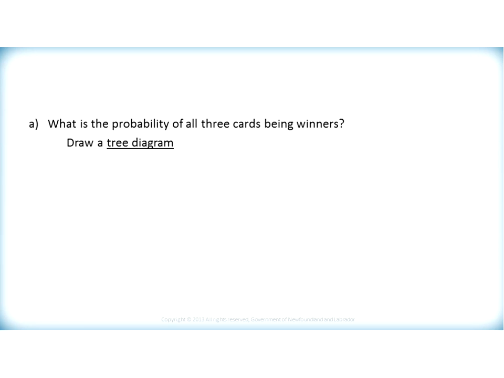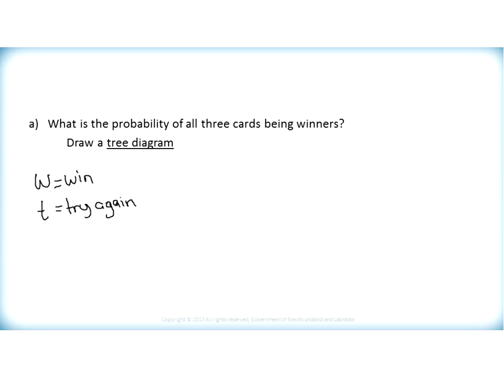Okay, and in my tree diagram, I'm going to use a little key here on the side. A W stands for a winning ticket, and a T stands for try again. Okay, so if there's a 1 in 2 chance of winning, that means that I have 2 possible outcomes the first time.